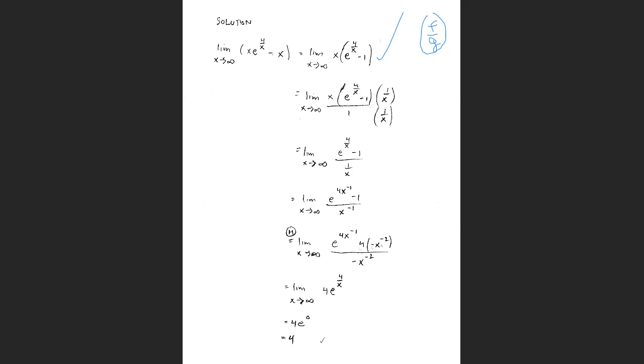So I can use the same trick I used before. I can multiply the numerator and denominator by 1 over x, which is just 1. And then in the numerator, the x's simplify out, and so you're left with this limit here: the limit as x approaches infinity of e to the 4 over x minus 1, divided by 1 over x.